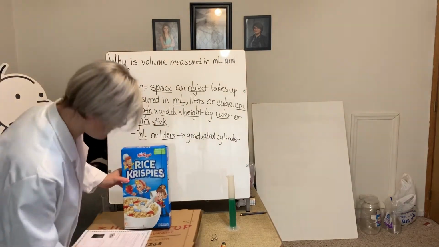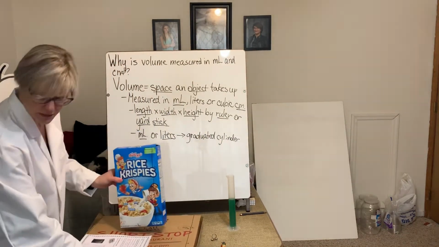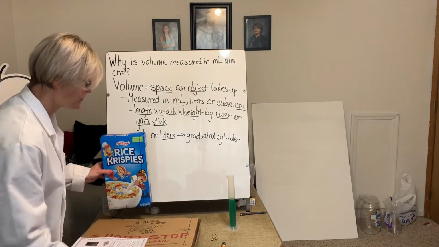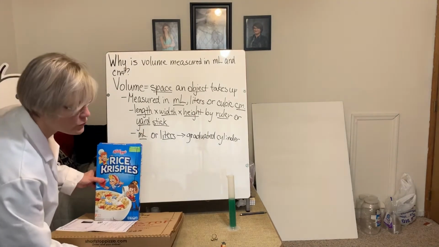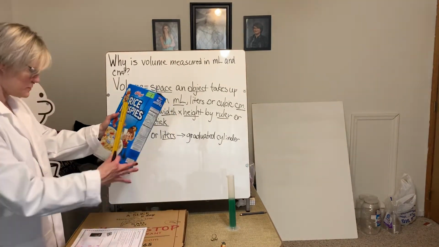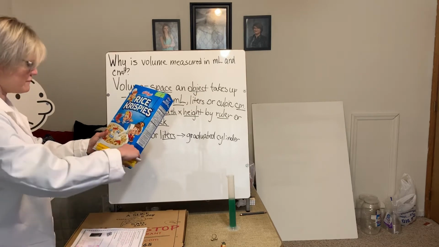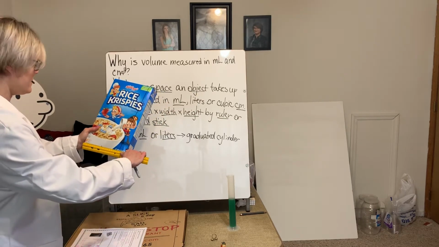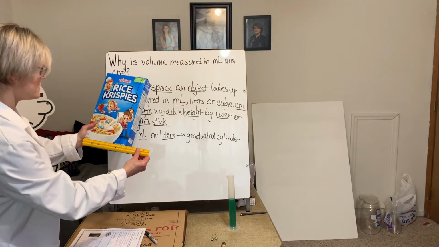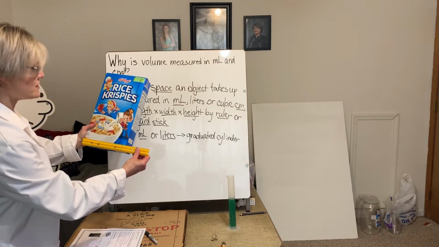So my Rice Krispie box, where did my, there it is, my ruler. All right, so I'm going on with my Rice Krispie box, and I'm going to start off with the length. And the length here is 19 centimeters.